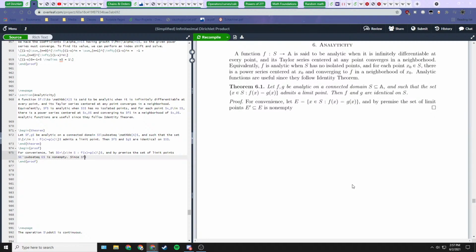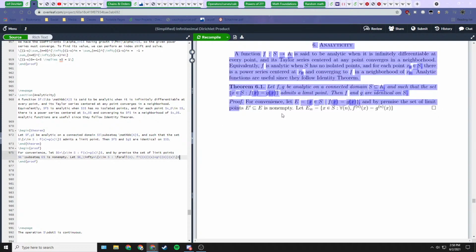Actually, let me think. Let E sub infinity be the set of x in S such that for all n, the nth derivative of f at this x is the nth derivative of g at x. Yes, okay. So we're saying E is the set where f and g are identical.